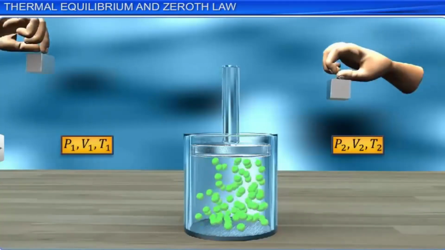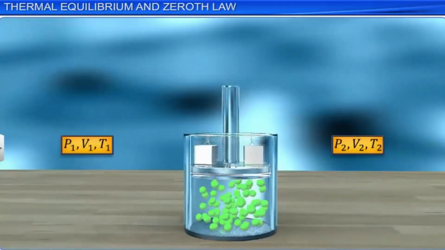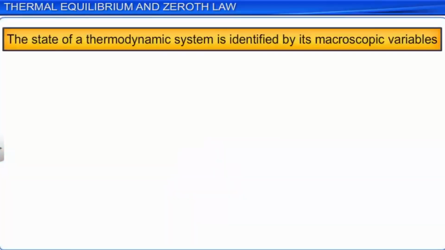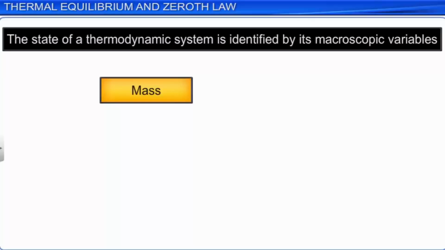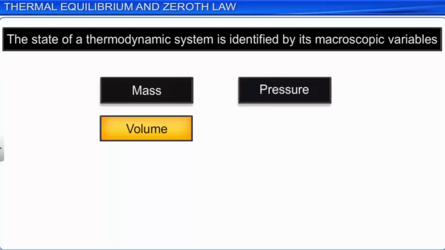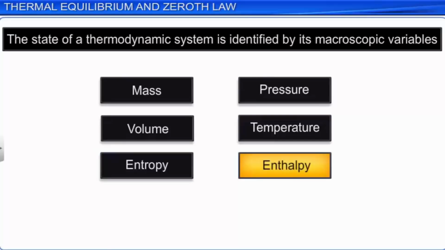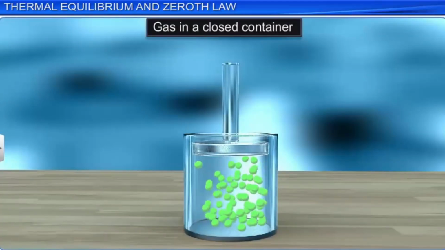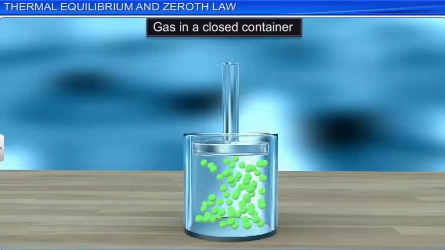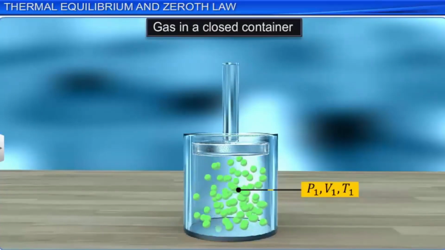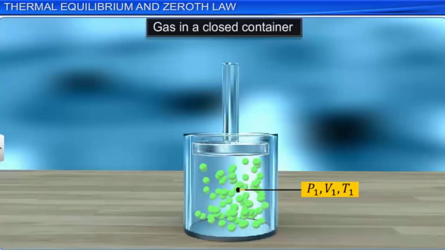A thermodynamic system can exist in different states. The state of a thermodynamic system is identified by its macroscopic variables such as mass, pressure, volume, temperature, entropy, and enthalpy. For example, consider a given mass of gas at pressure P1, volume V1, and temperature T1.